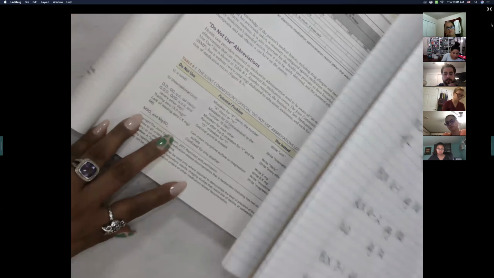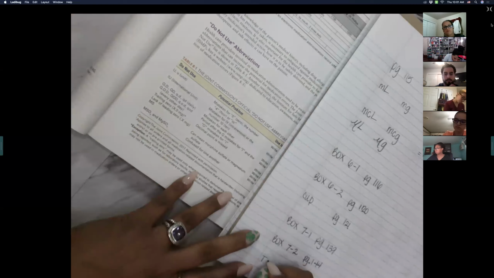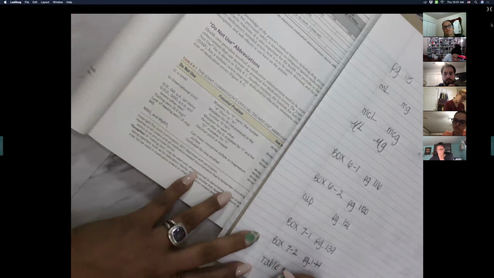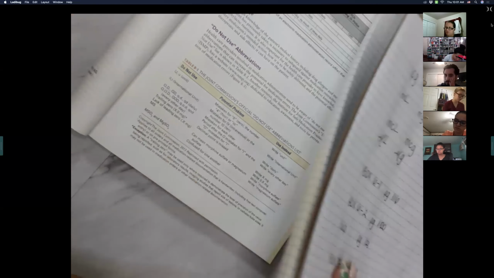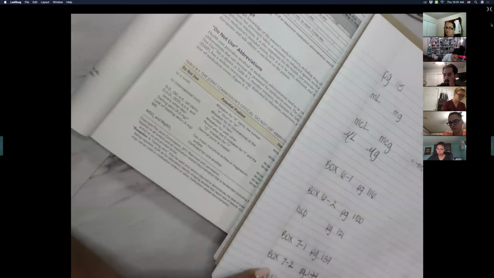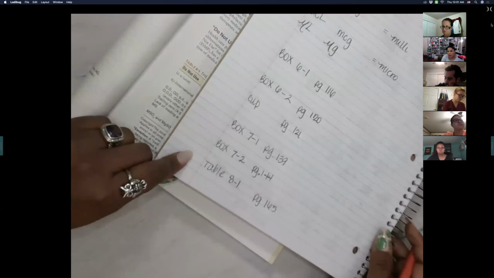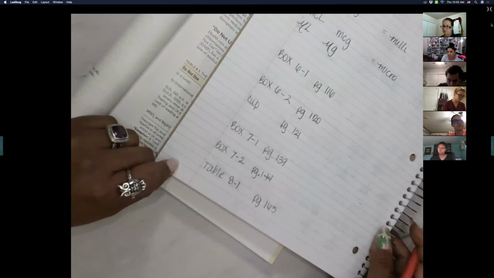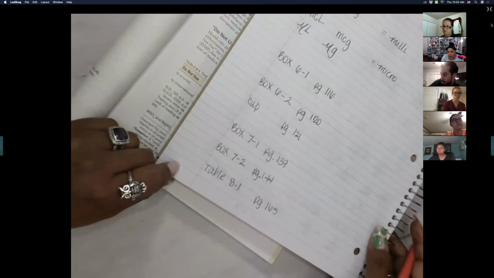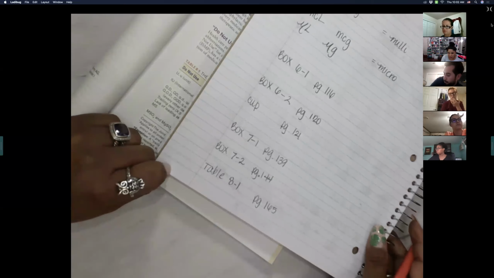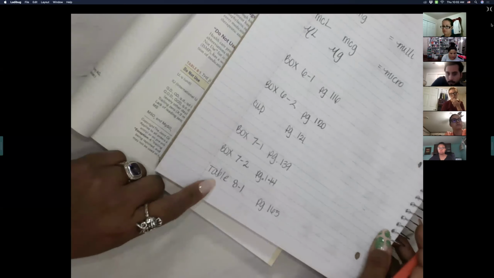Table 8.1. One of your first exams, 8.1, and that's on page 165. And I'll type these all up as tips and early starts for the semester, and I'll put it in the Canvas as well.